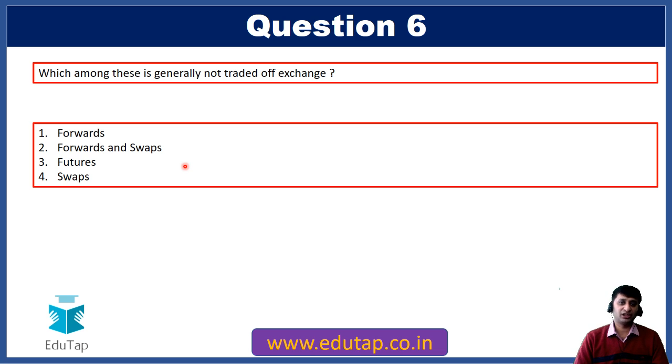You should be able to answer this question. The question basically is which among these are generally not traded off exchange, means they are not traded without exchange or they are traded only on exchange. Now Rohan Singh is saying option number 2, forwards and swaps. Let's see. Vanka Lingaraj is saying 1. Kusum Prajapati is saying 1.